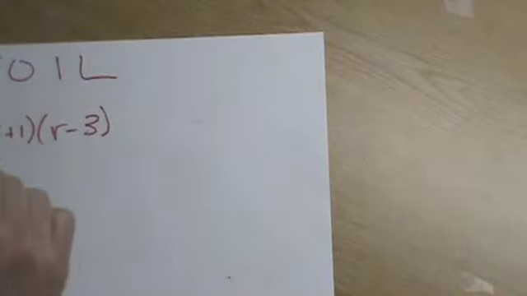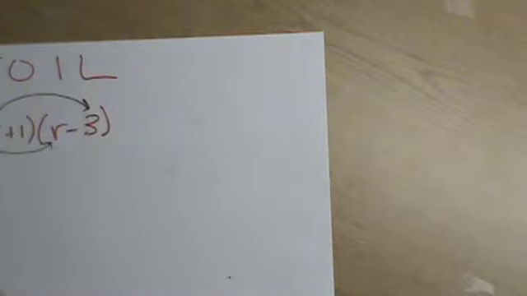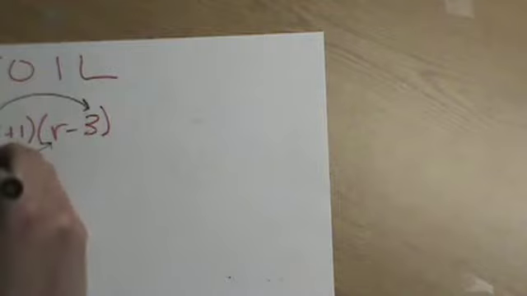Okay, so F, take the firsts: r times r is equal to r squared. Now do the outers, the r and the negative 3. So r times negative 3 is negative 3r. Notice there's a minus sign for that negative 3.